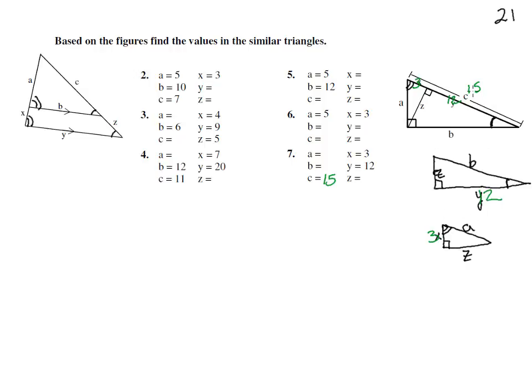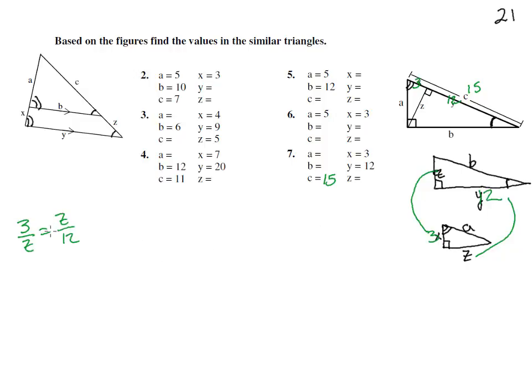Well, we don't have a complete triangle, but I want you to notice these connections here. That z is to 3 as 12 is to z. Even though there are 2 variables in that proportion, 3 is to z as z is to 12.